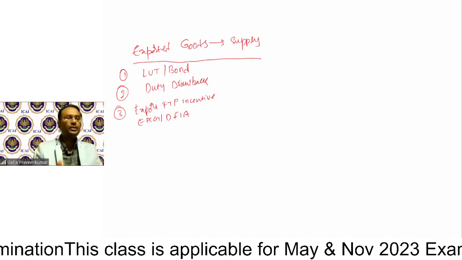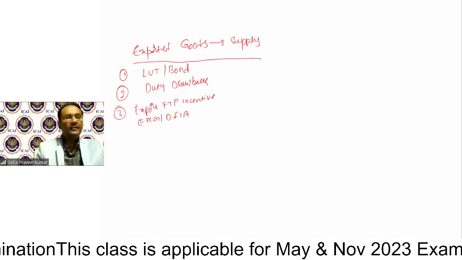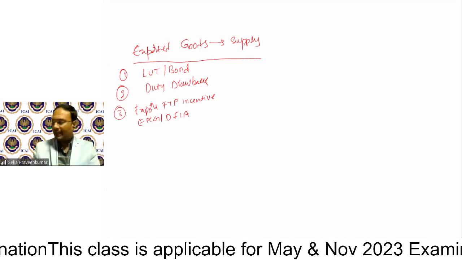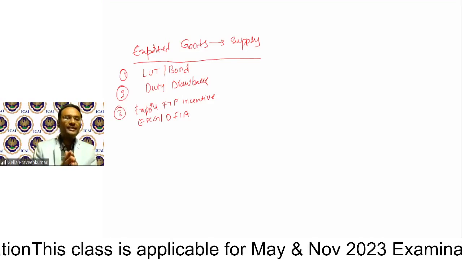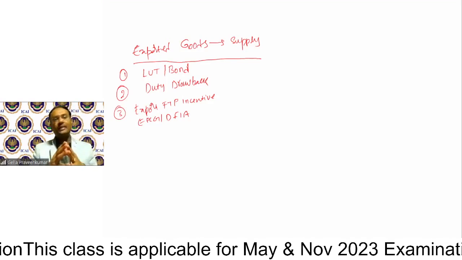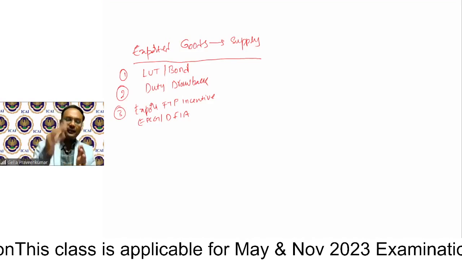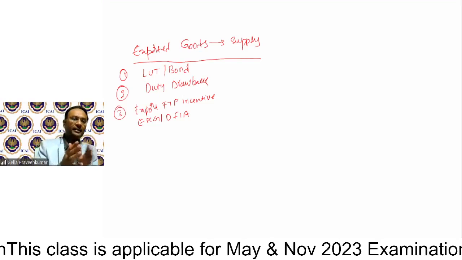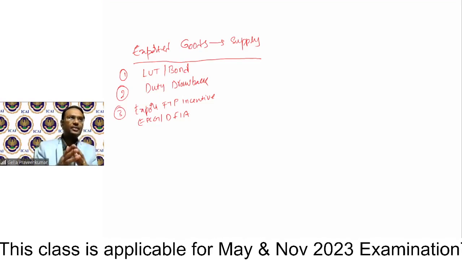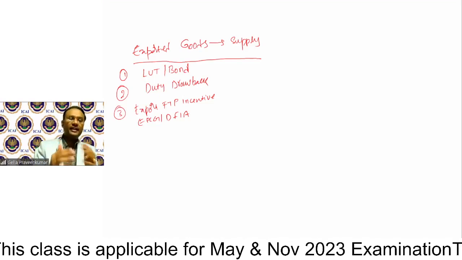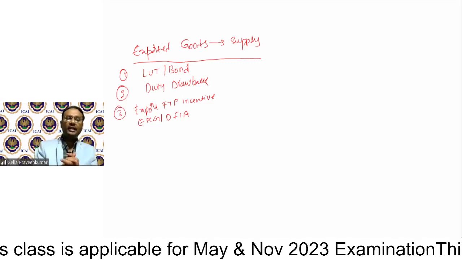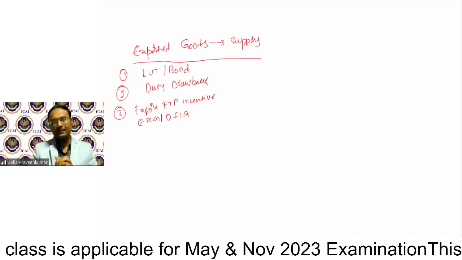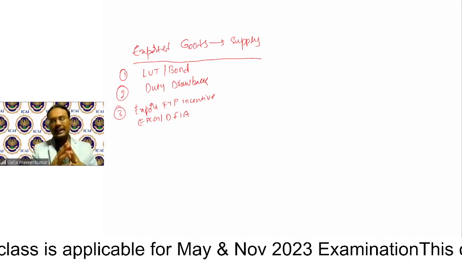Since I'm using the goods in manufacture for export out of India, please give me relief from whatever customs duty is payable. So they say that if you have saved, say, 5 lakhs of customs duty, 5 times of this you have to export to get the benefit of saving this customs duty. So this is a mechanism called EPCG.